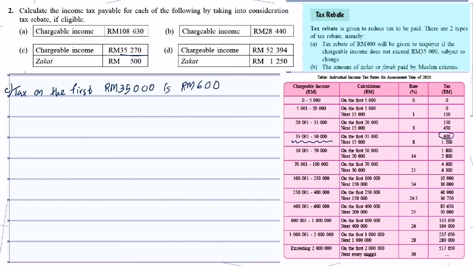After that, we count the tax on the next balance. But how to count it? The taxable income is 35,270 ringgit. So you write down first the amount.